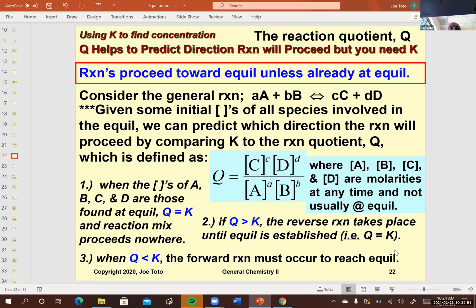So let's take a look at this Q concept. Now, the Q is called the reaction quotient. And Q is defined exactly the same as K, except these are usually not equilibrium concentrations. Usually they're not equilibrium, right?